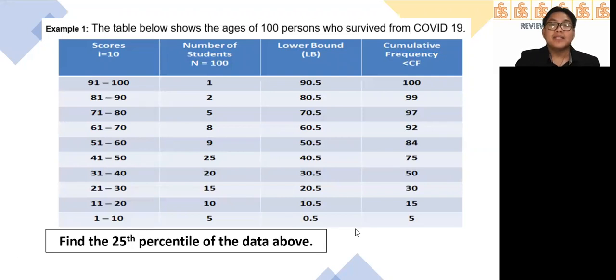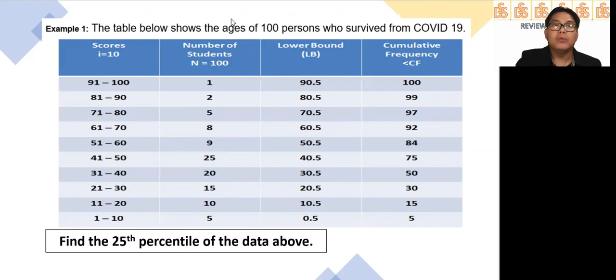Okay, so let's observe this particular problem. The table below shows the ages of 100 persons who survived from COVID-19. Your goal is to find the 25th percentile of this data. It's good that it's already in the table.